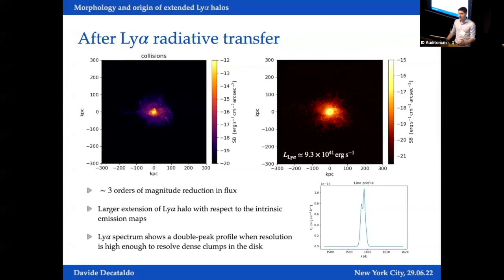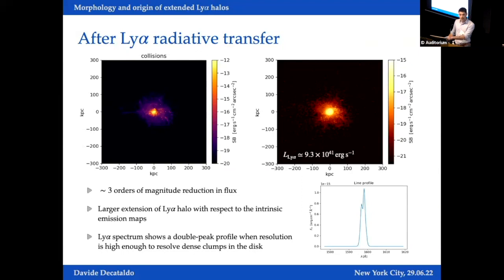We also see that the extension in space is larger after the radiative transfer, and this is due to the fact that the Lyman alpha is scattering around the galaxy before reaching the observer, so we can clearly see that this can explain why we observe this extended feature of halos.